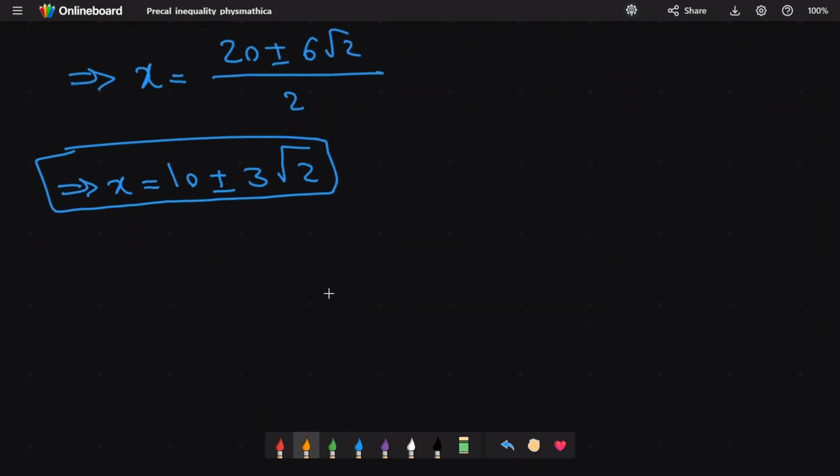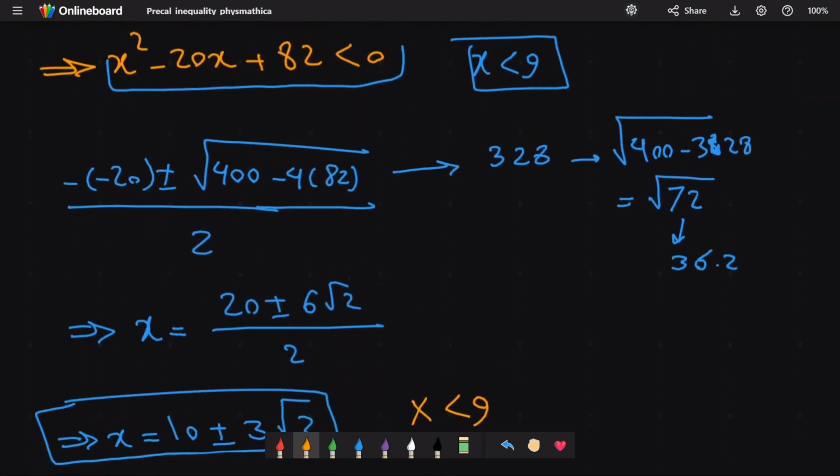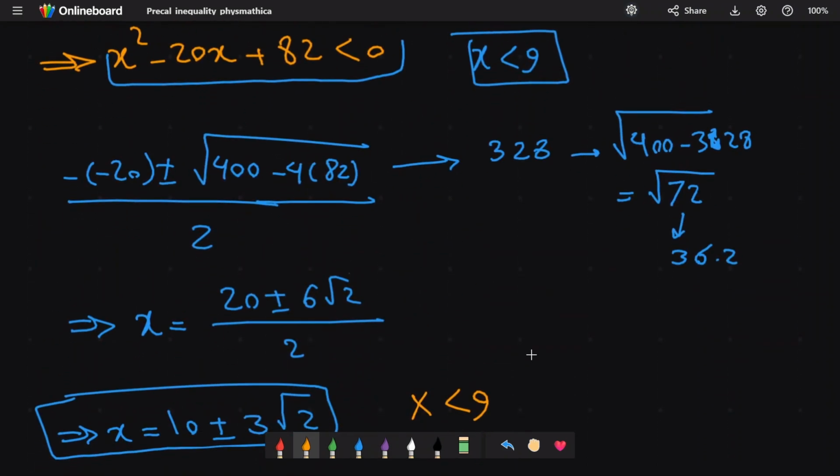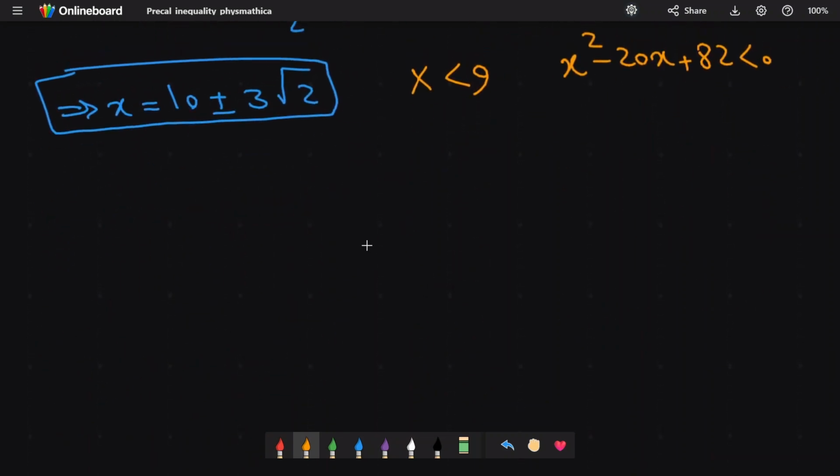But again, we also had this, x has to be less than 9. Now here you need to be a bit smart how you take a look at this. If you take a look at this quadratic equation again, x squared minus 20x plus 82 less than 0, negative, let's see what we can deduce from the graph of this.